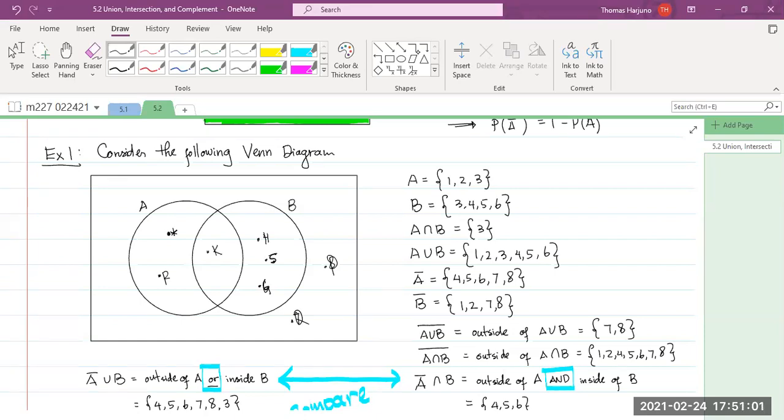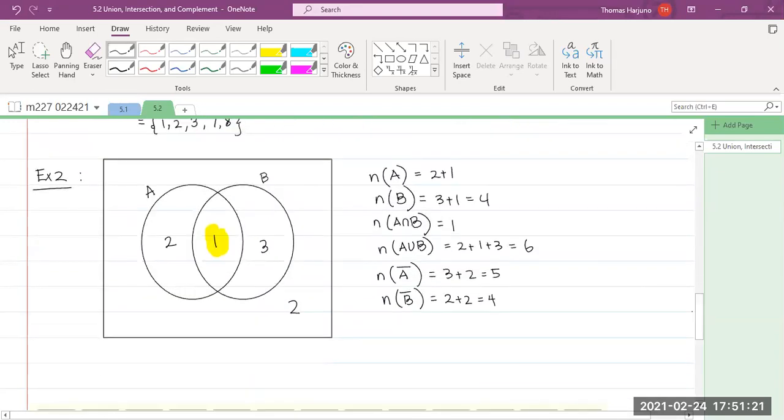It's the star, R, and K. Star, R, and K. How many elements? 3. 3 elements. That's right. There are 3 elements, and those elements are star, R, and K. Okay, so I can change the notation like that, and the summary still looks like this. This is the summary. Notice that I don't use dot here, right? If I don't use dot, then those numbers represent the number of elements instead of the actual elements.